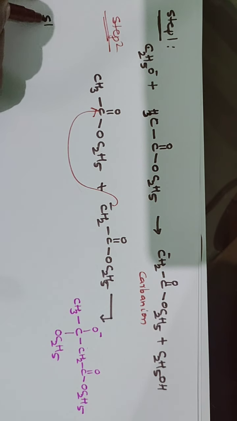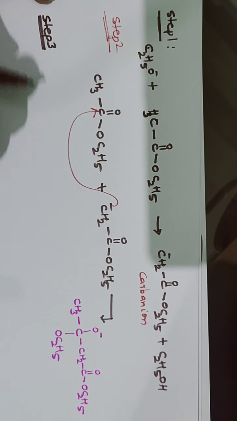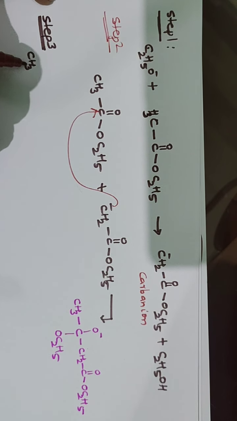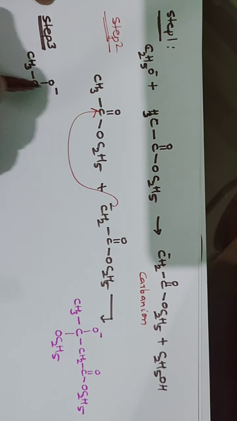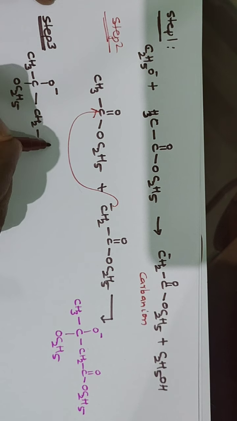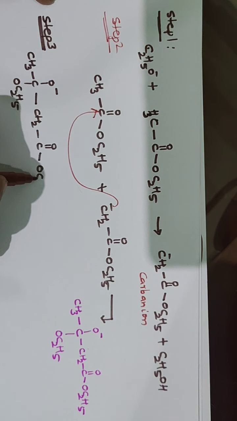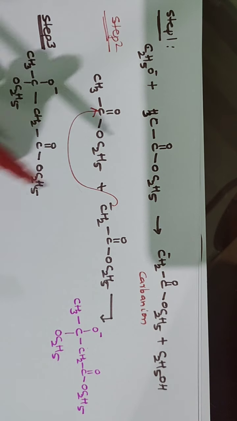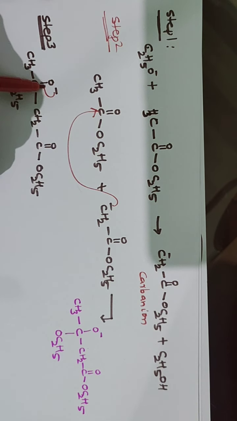Step 3. CO minus, OC2H5, CH2C=O OC2H5. The negative charge comes here, so when a new bond is formed, an old bond should break.